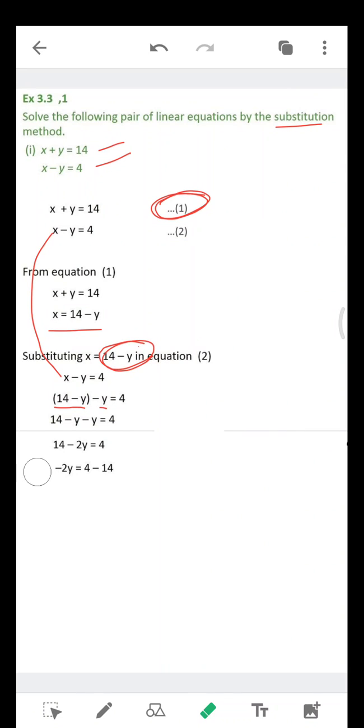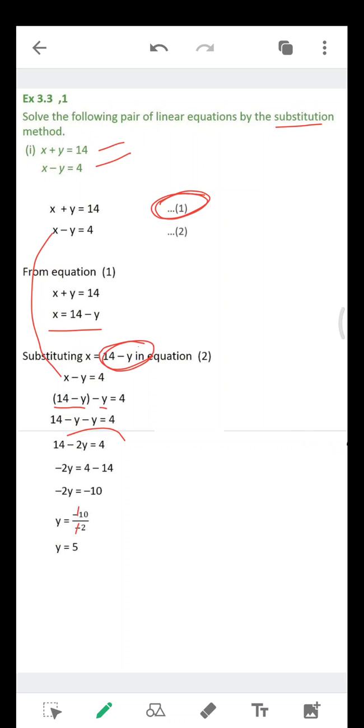Then if I transpose 14 to the right, it becomes minus 14, and 4 minus 14 is minus 10. If I cancel the negative signs, y value will be equal to 5. You can cancel negative and negative, and 2 fives are 10.